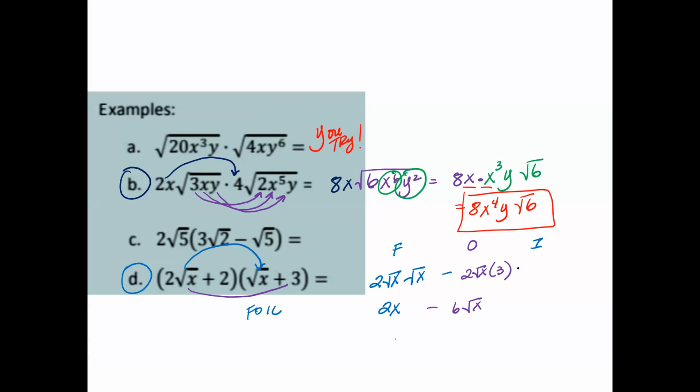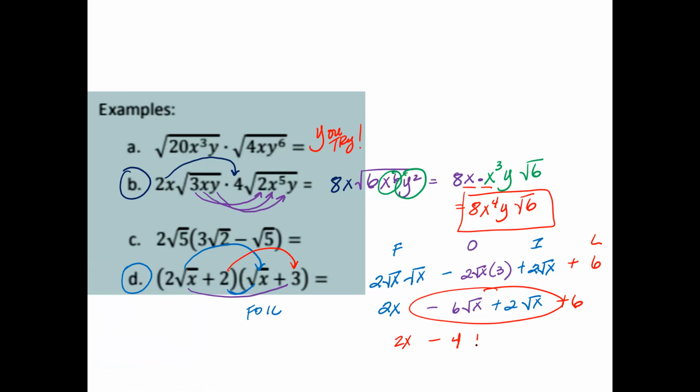And then the inner is going to be on the inside, so that's just 2 square root x. And then, of course, you have last, so 2 and 3 is 6. Notice I can combine these two in between, which is a 4 square root x plus 6. Now, I want you guys to try C.